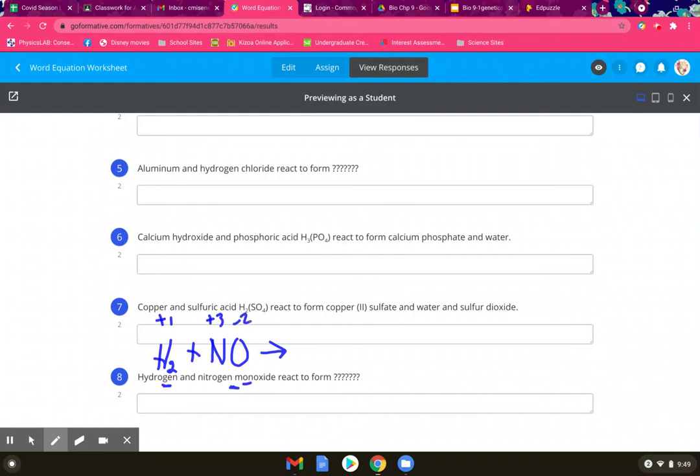Now, it doesn't really show up that way because this is a compound that's not ionic. All right, so we're going to pull N out by itself, and we're going to put hydrogen with the oxygen. Hydrogen's +1, oxygen's -2, so that gives us H2O. Nitrogen is diatomic.